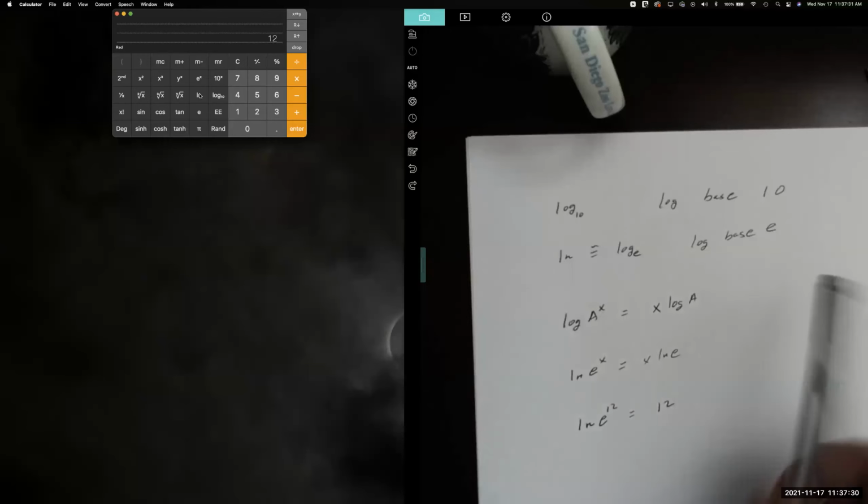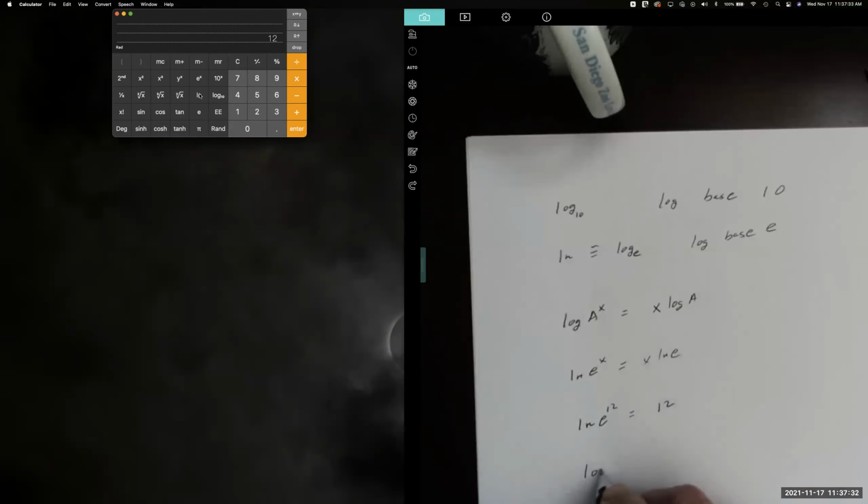Same if I do log of 10 to the 12th. That's equal to 12 times log base 10 of 10, but log base 10 of 10 is just equal to 1.